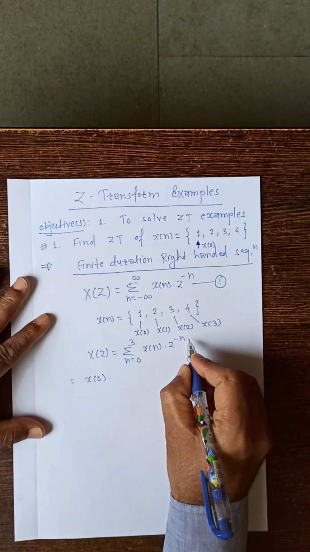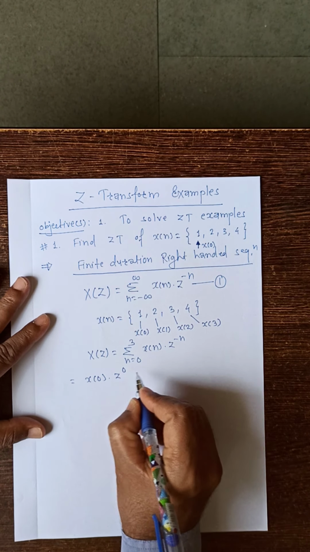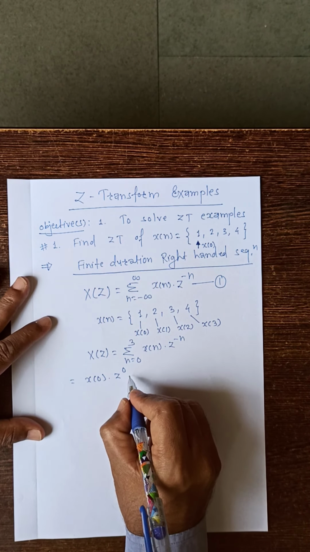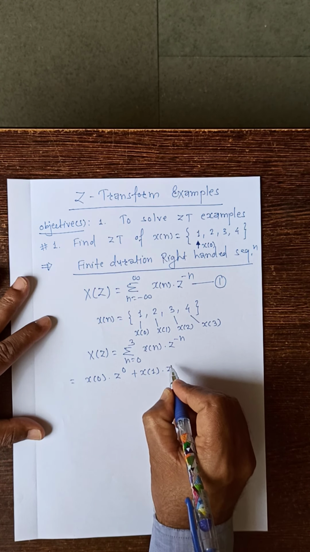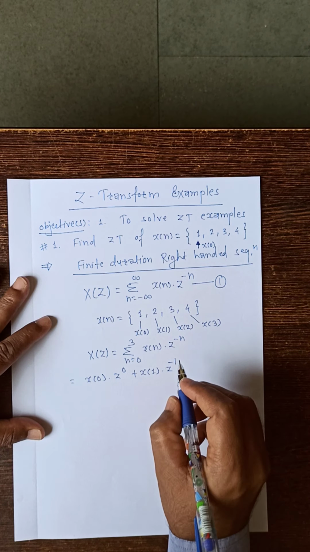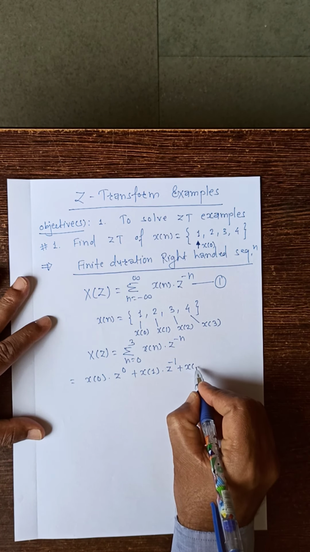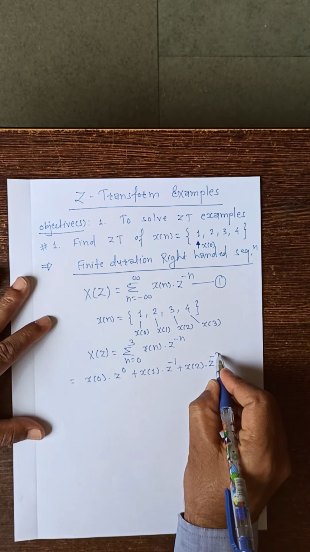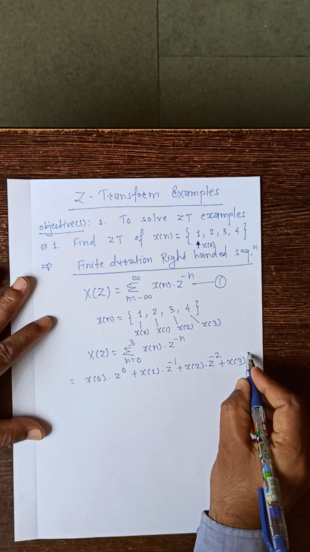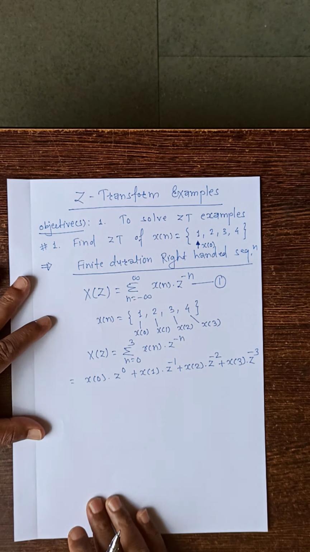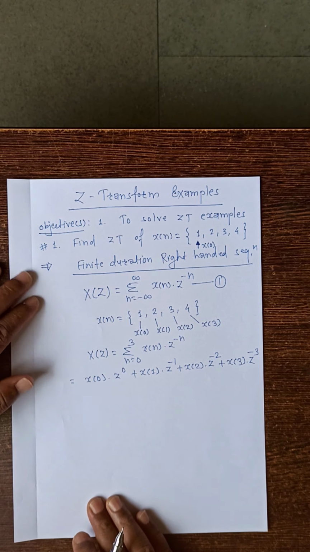So that is equal to x0 z raised to 0 because n equals 0. Now n equals 1, that is x1 into z raised to minus 1, plus x2 into z raised to minus 2, plus x3 into z raised to minus 3. So these are the values.